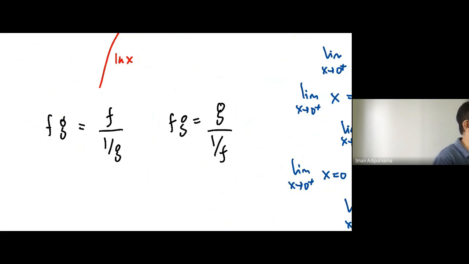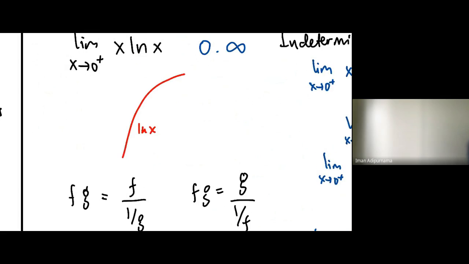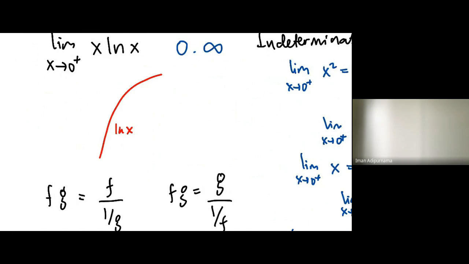So the idea is we are going back to 0 over 0 or infinity over infinity. If you look here, x ln x, we can take ln x divided by 1 over x, or x and 1 over ln x. One way is better than the other because of the results. So let's check.